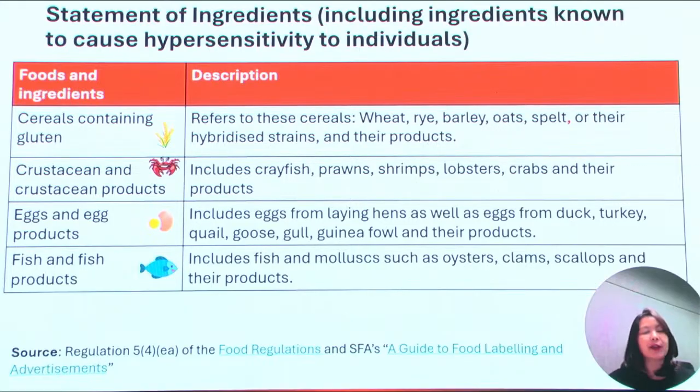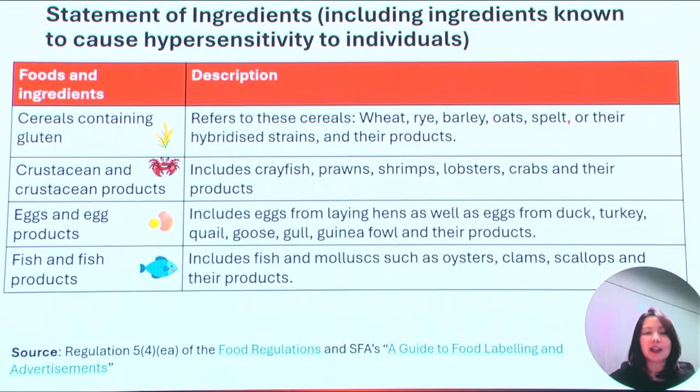Crustacean and crustacean products include crayfish, prawn, shrimp, lobster, crabs, and their products. Egg and egg products include eggs from laying hens, as well as eggs from duck, turkey, quail, goose, gull, guinea fowl, and their products.